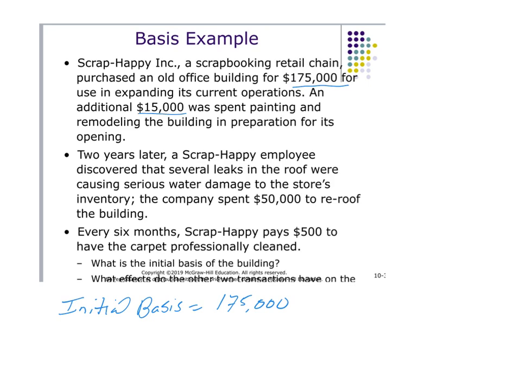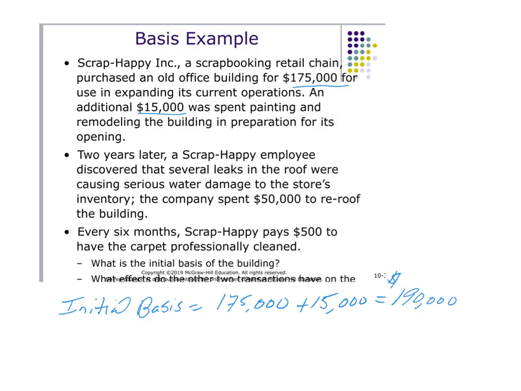Those are costs to get that building placed in service. So those $15,000 of redesign costs, if you will, are absolutely part of its initial basis. Okay? Everything else happened after it was placed in service. So its initial basis is equal to the sum of those 2 things. And so that's $190,000.